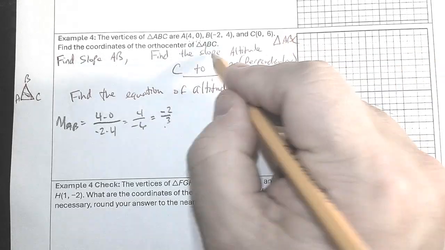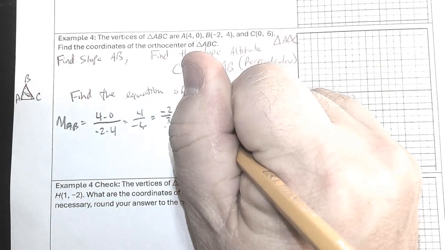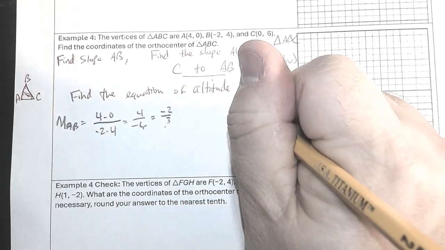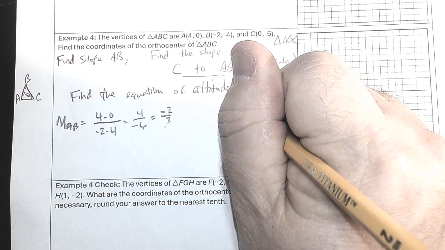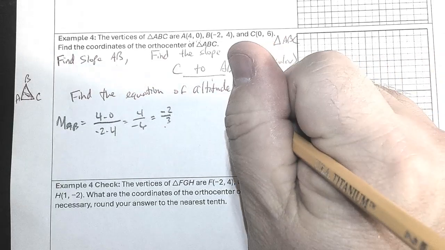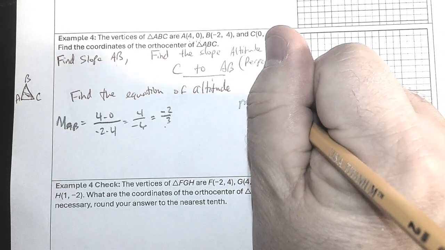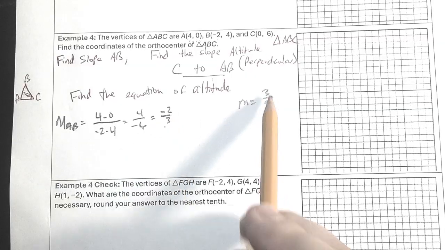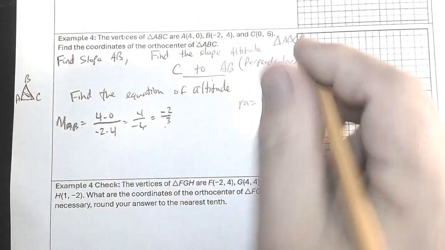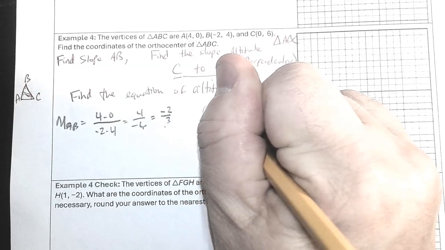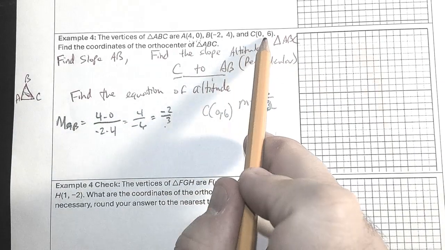Now, the slope for C to AB is the opposite reciprocal. So, I'm just going to write M over here. It's going to be positive 3/2. Because this was 2/3, the opposite reciprocal is this. Now our point, we're going to use point C, because that's 0, 6.